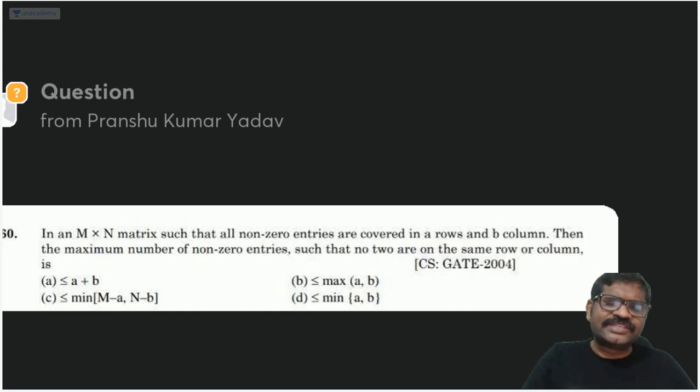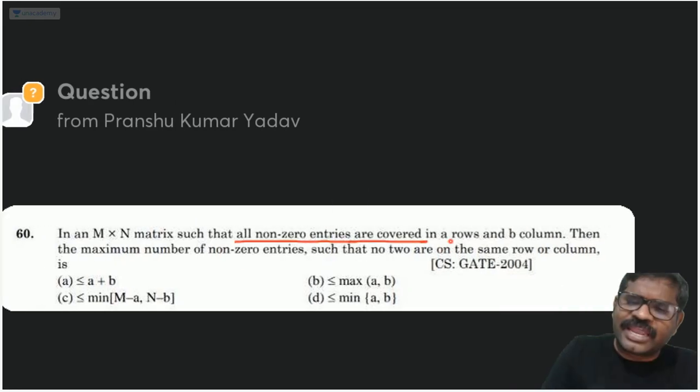Matrix is M cross N matrix such that all non-zero entries are covered in A rows and B columns. Then the maximum number of non-zero entries such that no two are on the same row or same column.